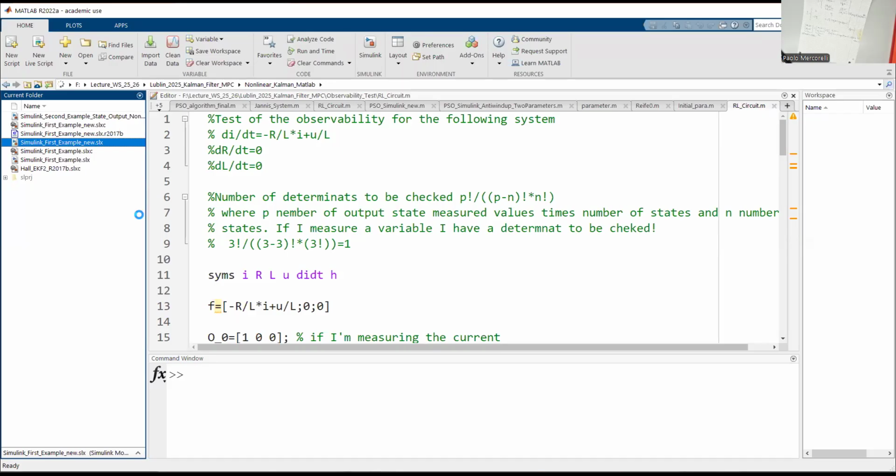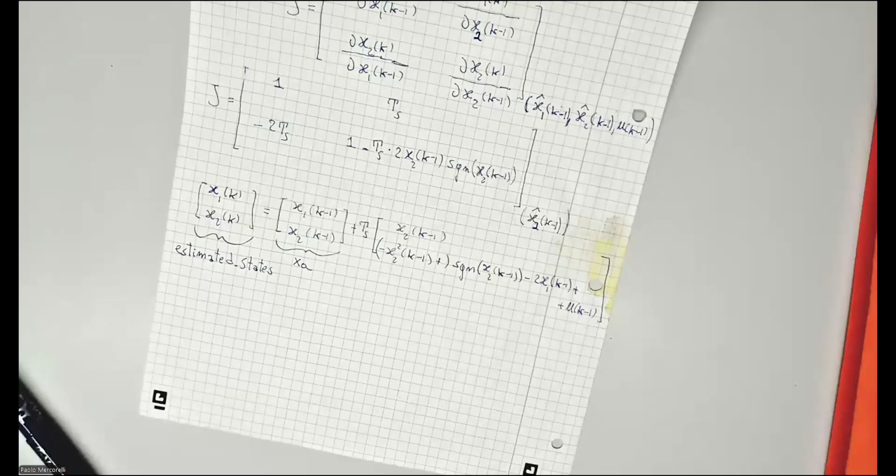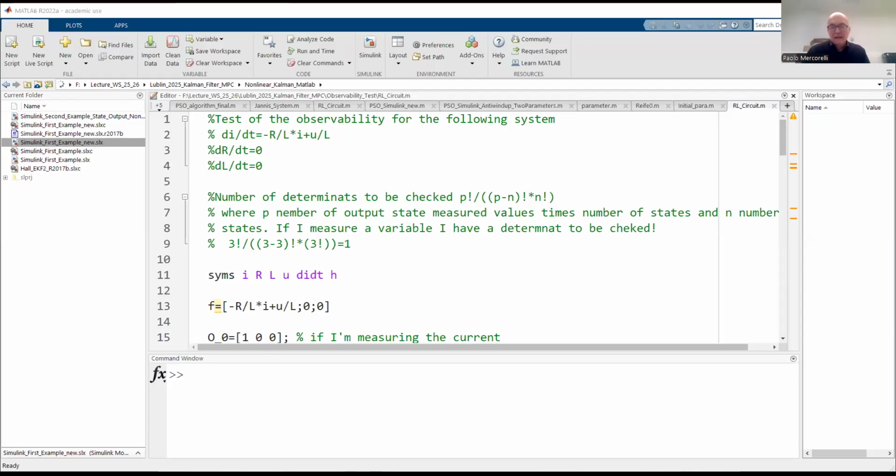It's running. Let me look at the integrate camera. I think the Simulink. Yeah, it's running Simulink. One second.